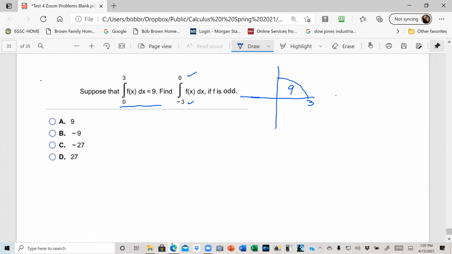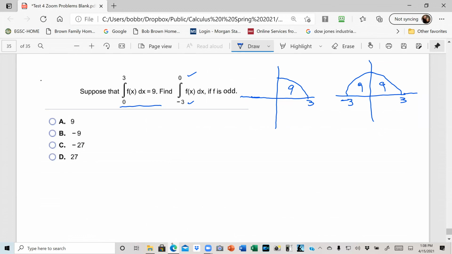If it were an even function, the left and the right would be mirror images of one another. And this area, of course, is given as 9. And so the other side would be 9. And so if it were an even function, between minus 3 and 0 would be 9.